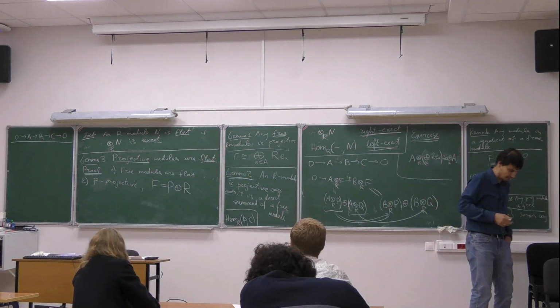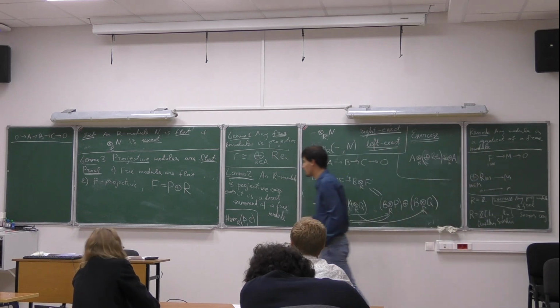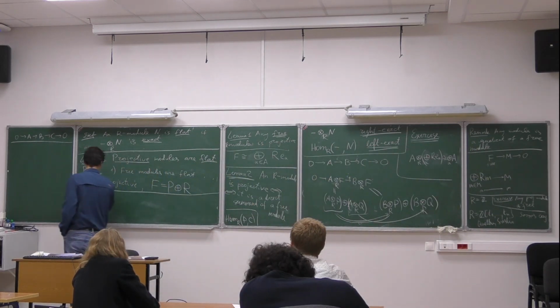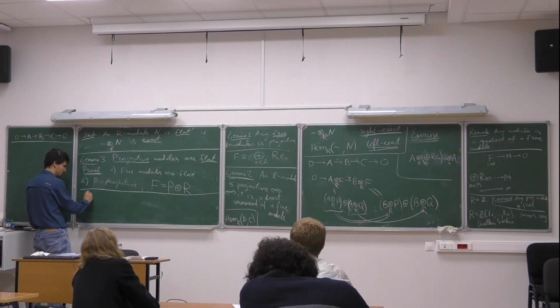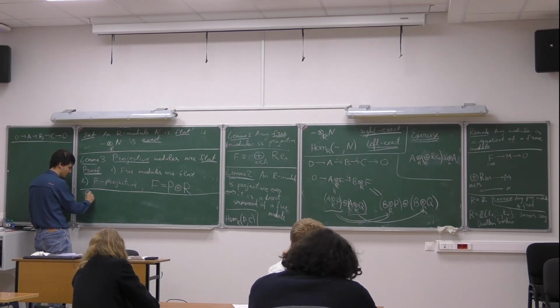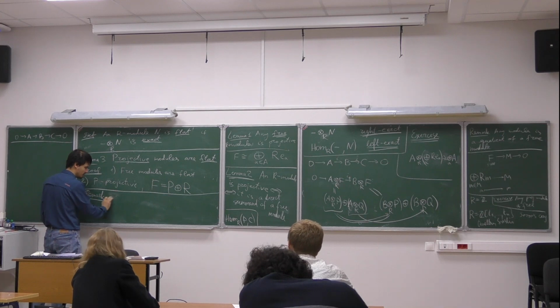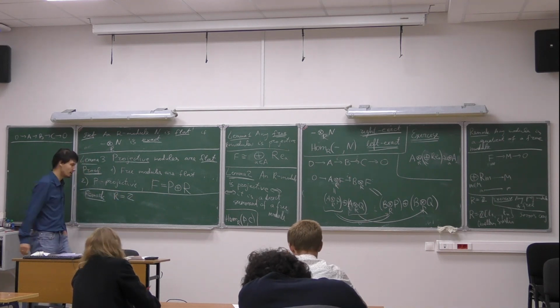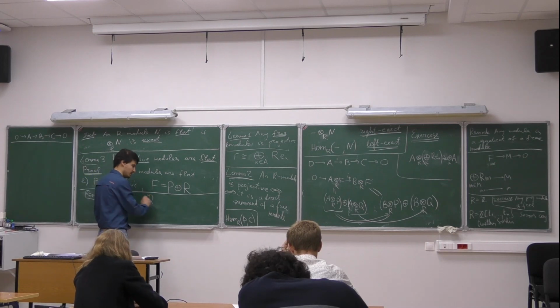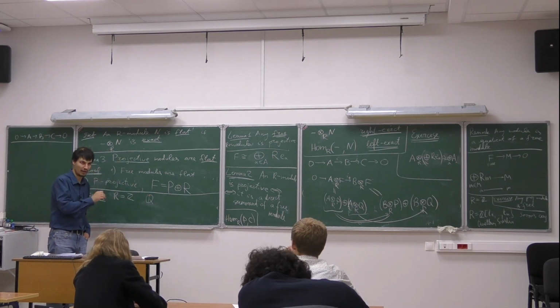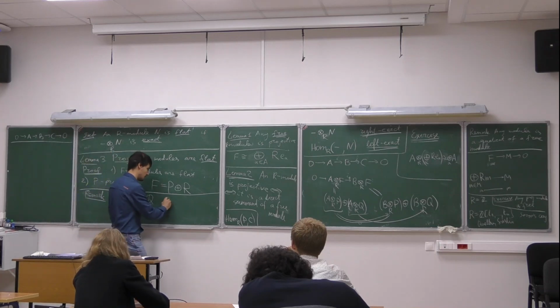The converse is not true, even over the simplest possible ring, just Z. Then we have a module Q, which is flat.